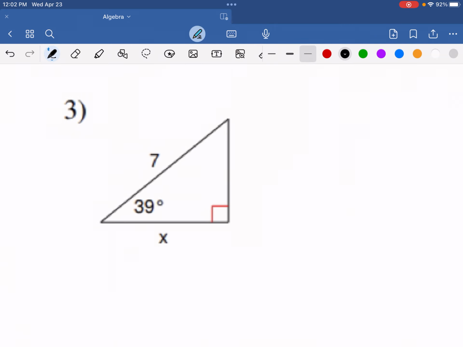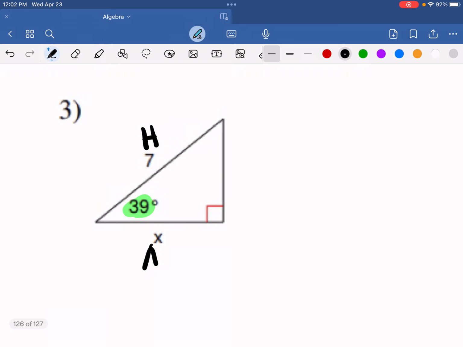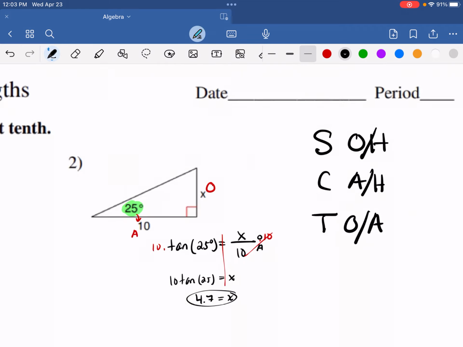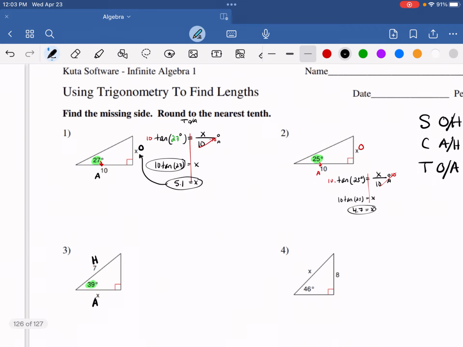For number 3, label the triangle H, that would be the longest side, and then which one is next to 39? Well, that would be the bottom, and this side is O. We're going to cross out the blank one, so that would be the O. This one, you can only use A and H. So to only use A and H, that would be cosine.